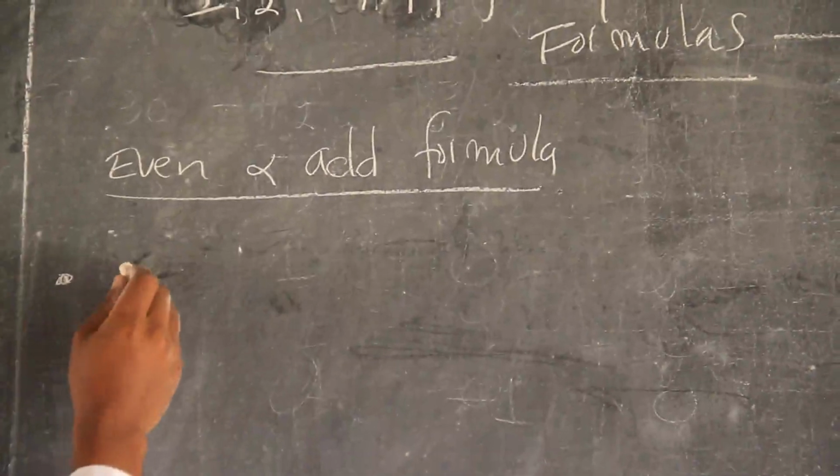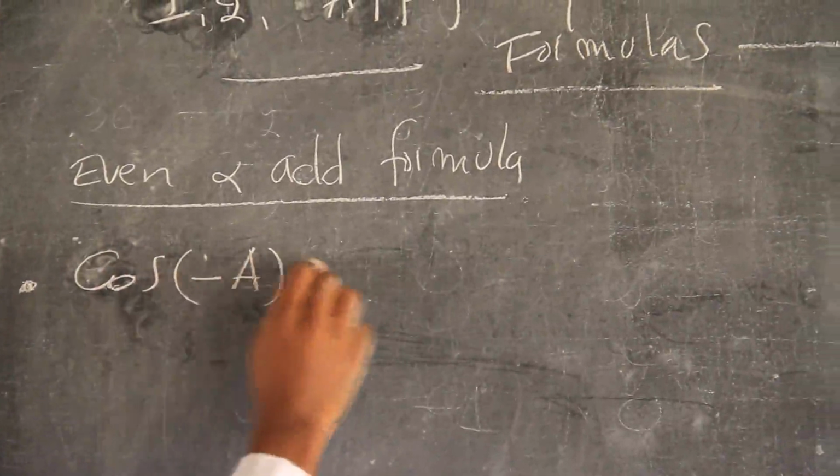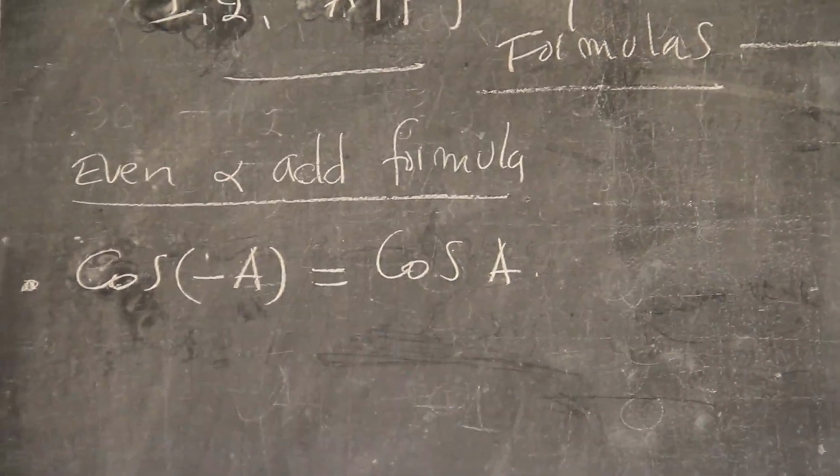We can say that cos of a negative angle is cos of that angle which is positive.